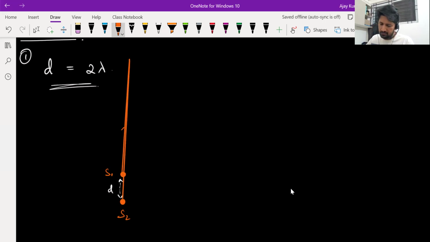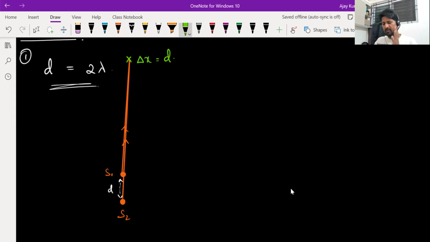If you consider one wave from S1 like this and one wave from S2 like this, traveling in almost the same direction, then at such points, if they interfere, the distance traveled by the wave from S1 and the distance traveled by the wave from S2, they arrive there with a path difference of small d.